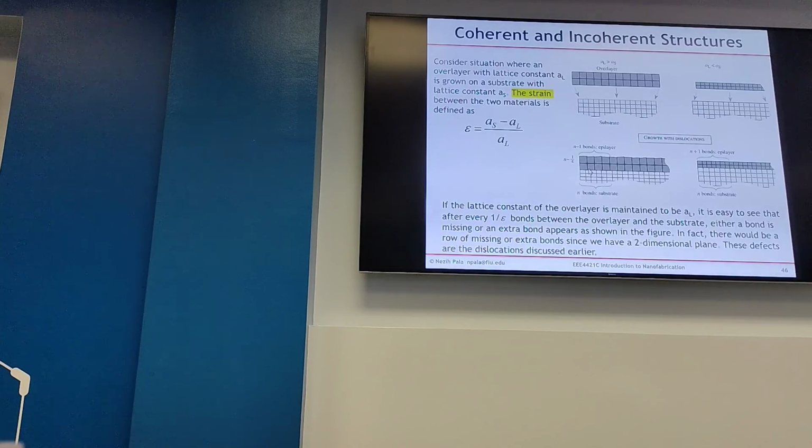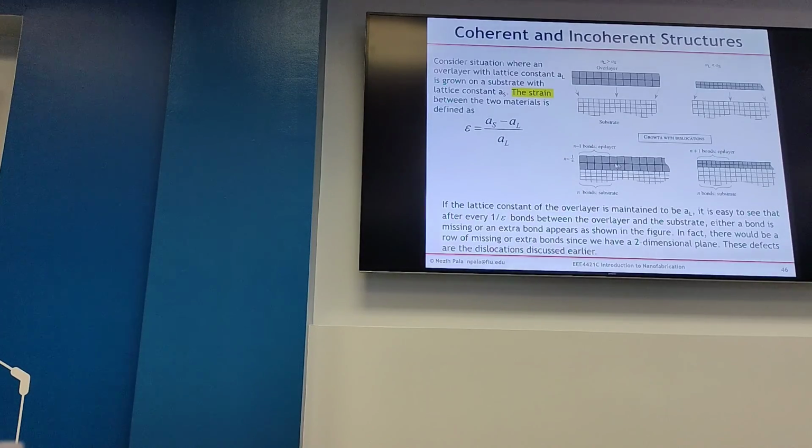In this case, you see atoms are not perfectly aligned, so you will end up with some dislocation densities at the interface. Or if the overlayer has a smaller lattice constant, it will be basically the same. You will have fewer bonds, and still it may result in some interface defects. Okay, so this is incoherent growth.